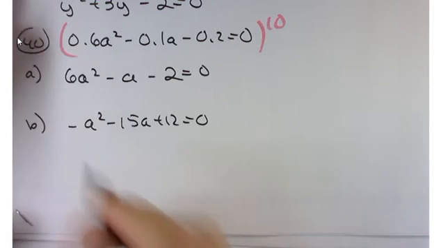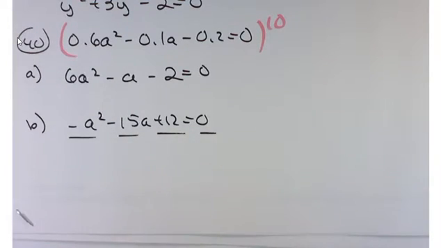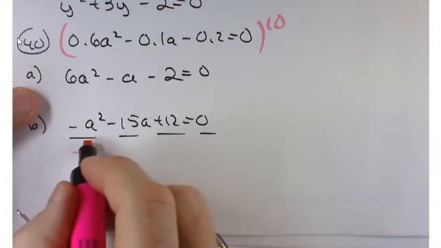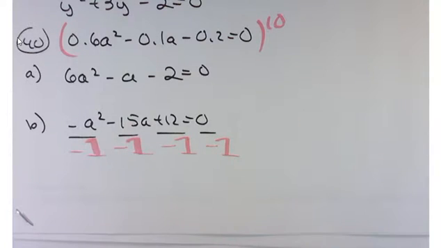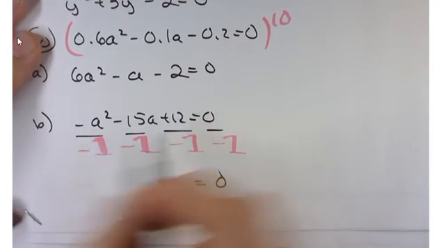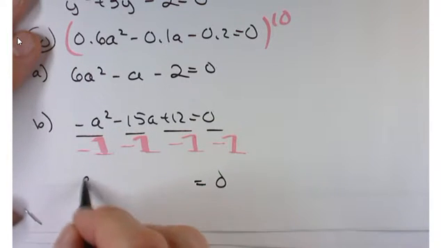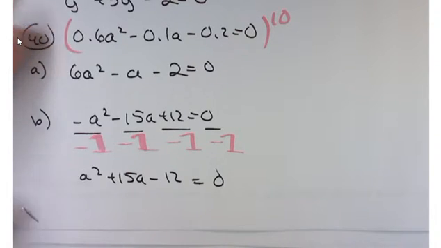So let's just divide everything by -1. -1, -1, -1, -1. The right-hand side is still 0. The left-hand side, everything changes sign. A squared plus 15a minus 12 equals 0.